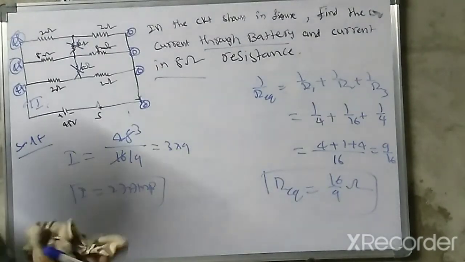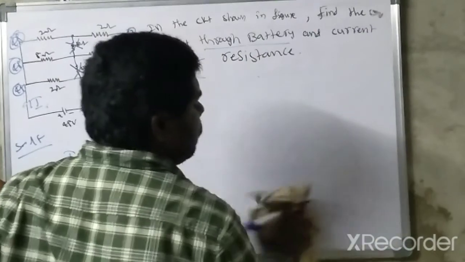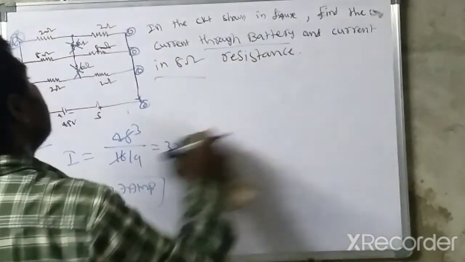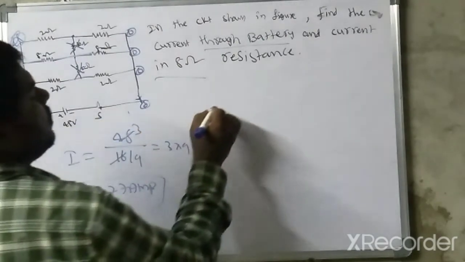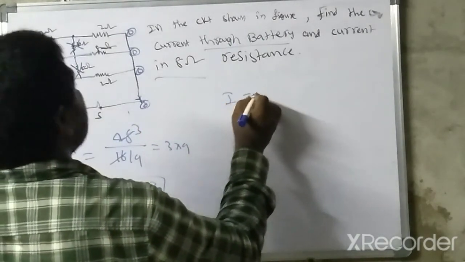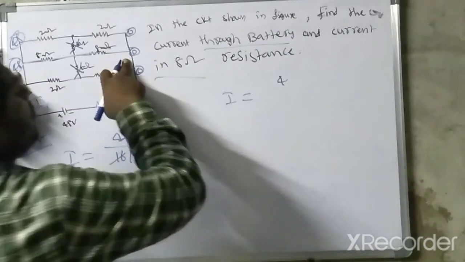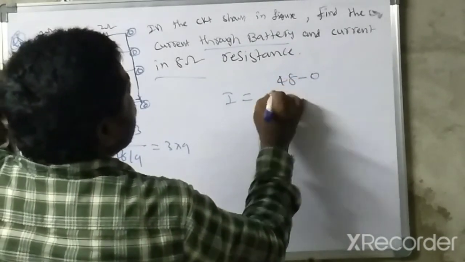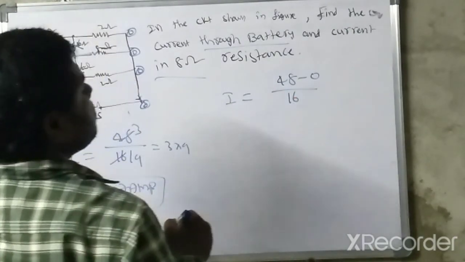Whenever they are asking this type of question, you may do like this. The current through the 8 ohm resistor, how much are they asking? So here the current I is equal to the total potential across, 48 minus 0, divided by the total resistance of 16.